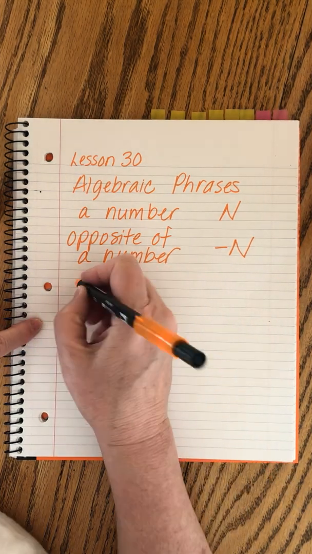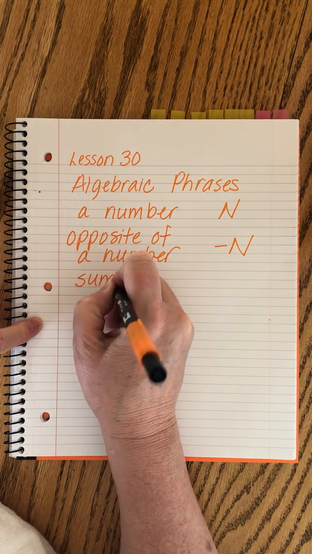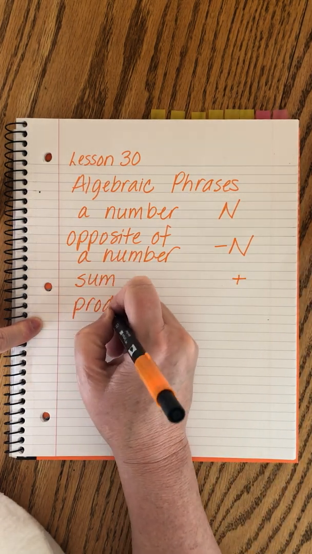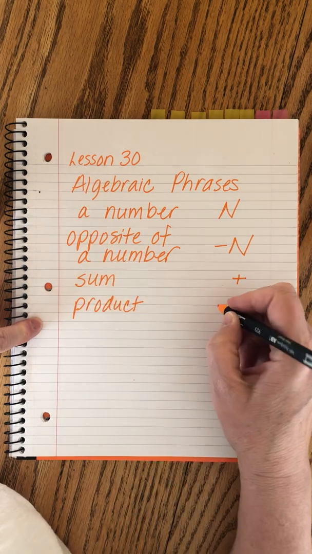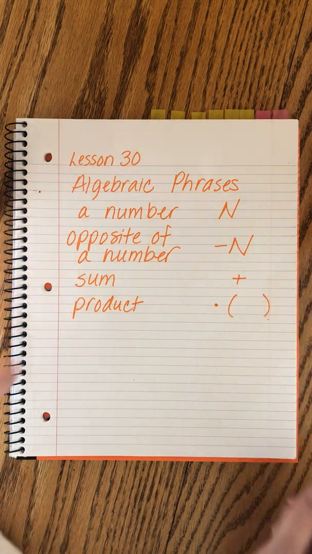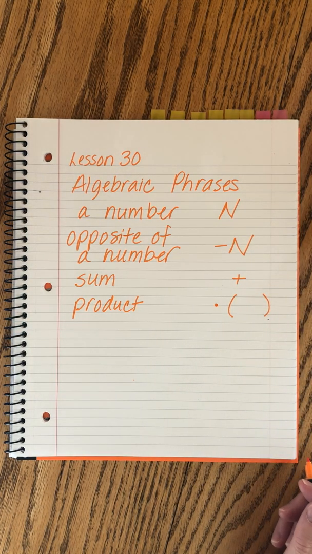Anytime you see the word sum, that means adding. When you see product, that means multiplying, which we can show with a dot, but a lot of times we'll use parentheses to show multiplication.